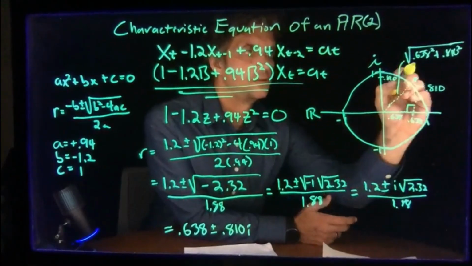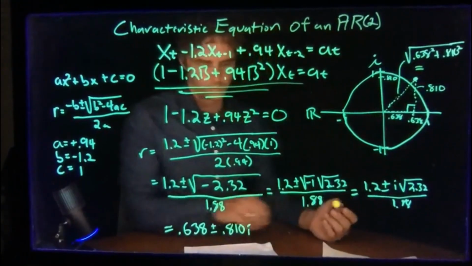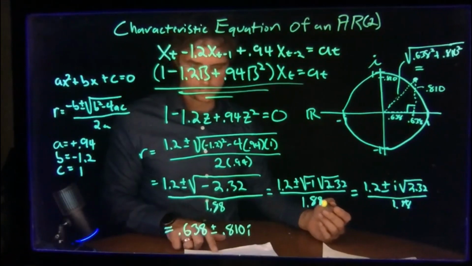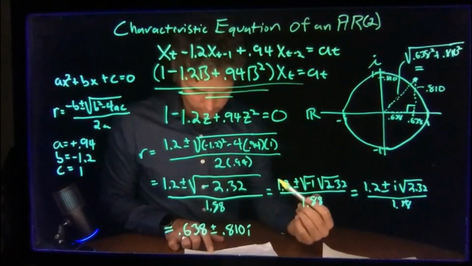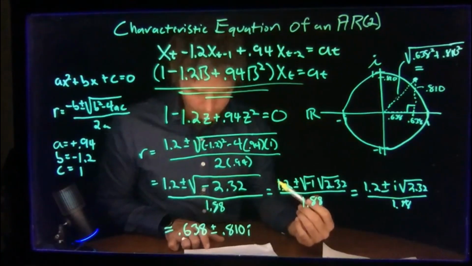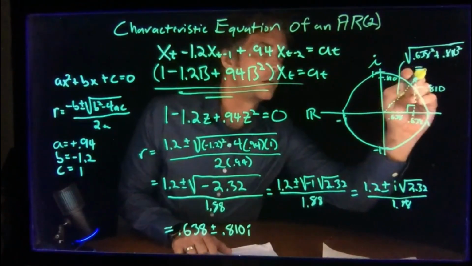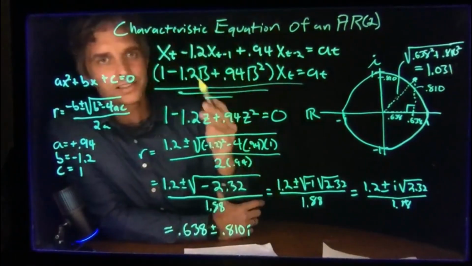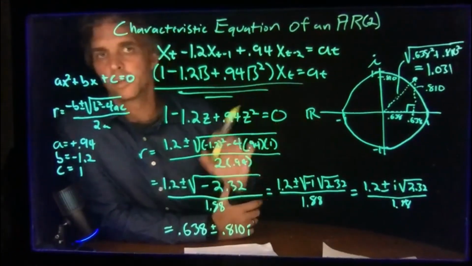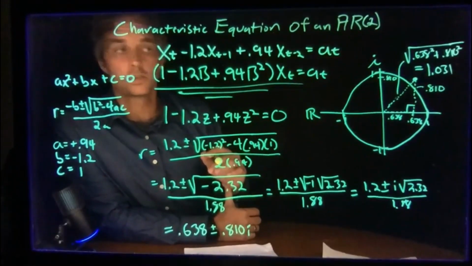And if you do that, I've already done it, that is going to equal approximately 1.031, which is just outside the unit circle. Nothing really to compare it to here, but that's relatively close to the unit circle.